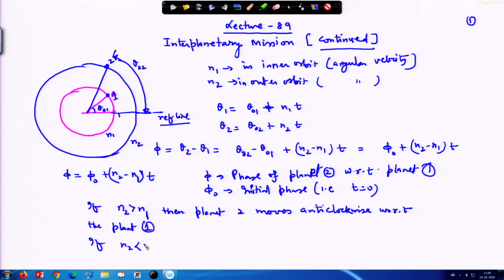If n 2 is less than n 1, then planet 2 appears to move clockwise with respect to planet 1.